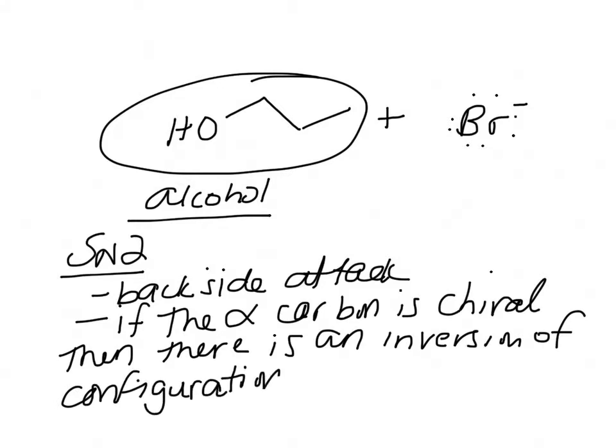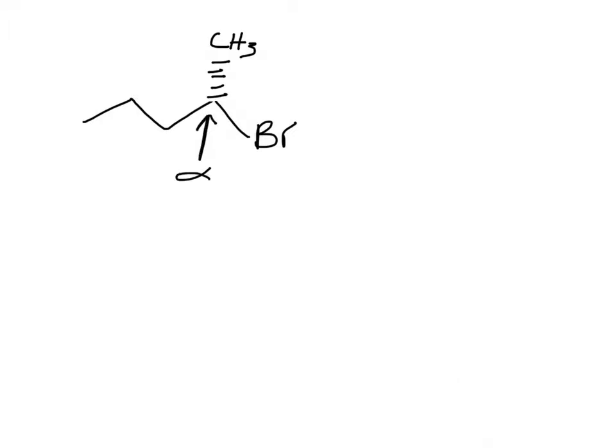And I'll show you what that means. So here we have a chiral alpha carbon. This alkyl halide is secondary.